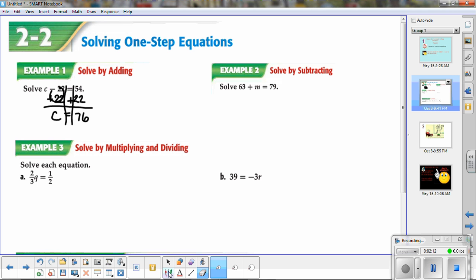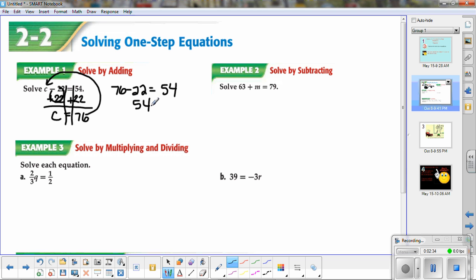You check your answers by taking what you got and plugging it back into the equation to see if it's true. So to check it, 76 minus 22 should equal 54. 76 minus 22 is 54, so I know that we have the right answer of c equals 76.